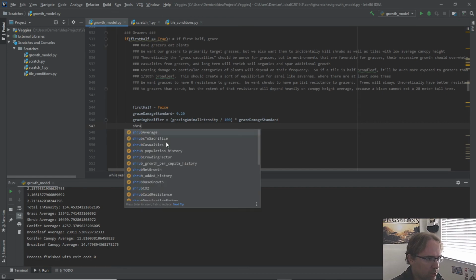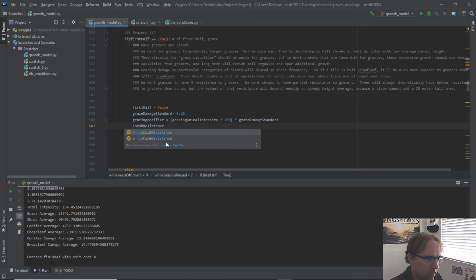Now we want a shrub grazing resistance. We could actually make this part of the shrubbery's innate characteristics too. We can refactor all this later.